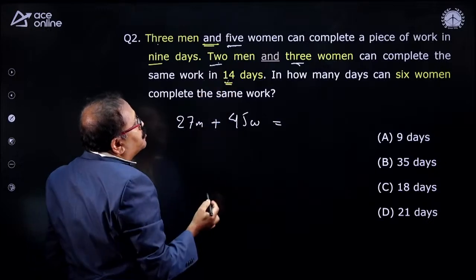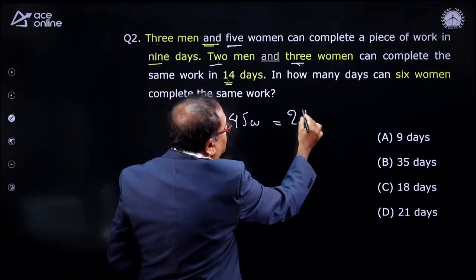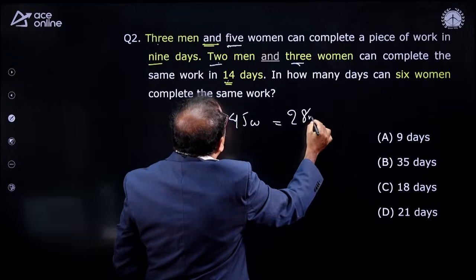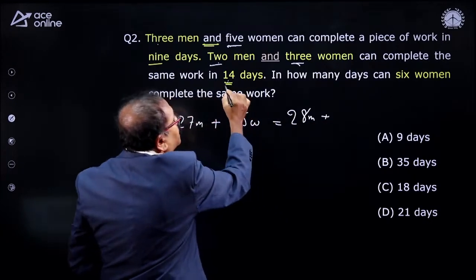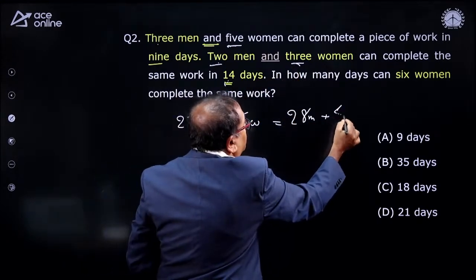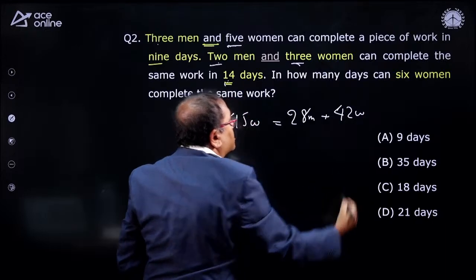So 14 into 2 comes 28 men plus 14 into 3 is 42 women can complete the work.